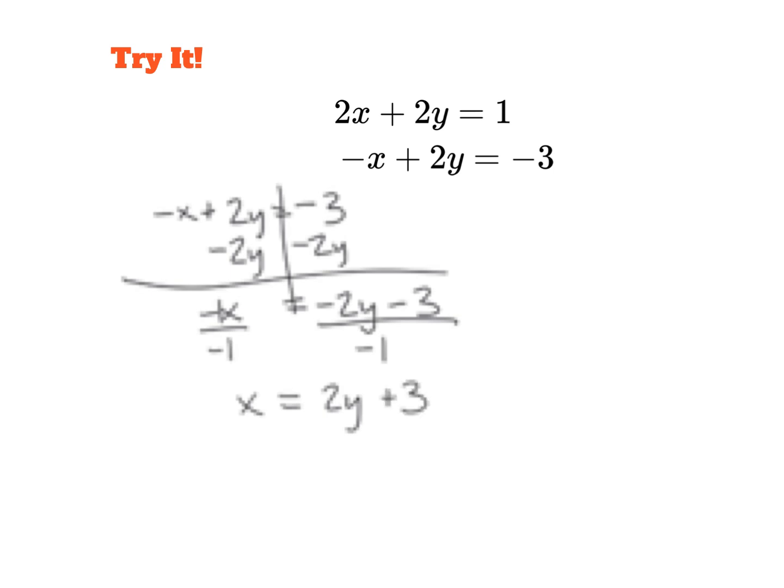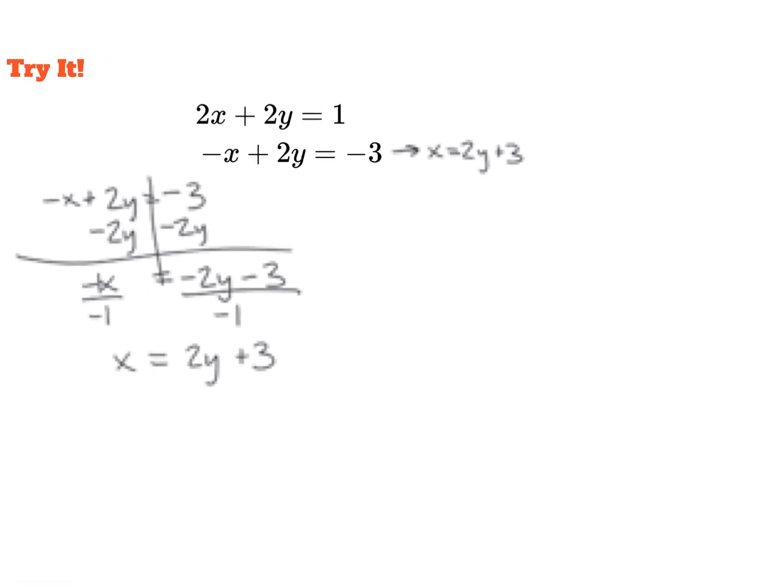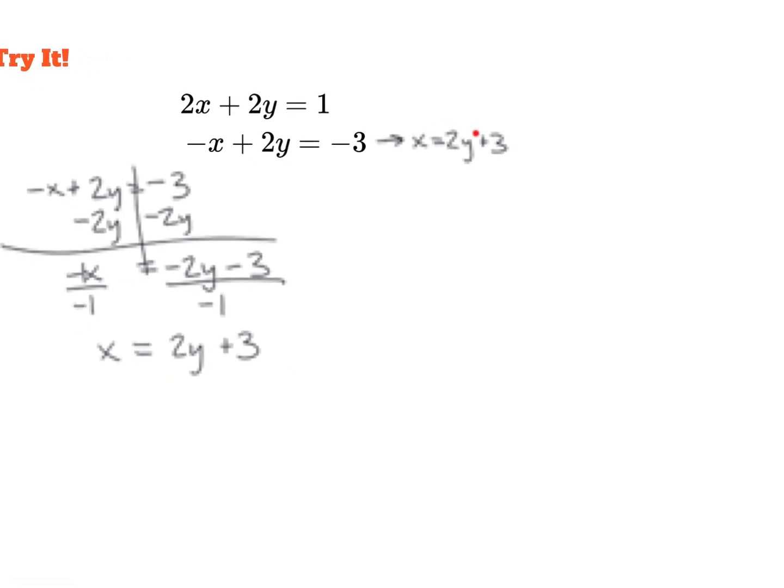Okay, so what I've done is I've just changed this into x is equal to 2y plus 3. And now from here, I'm going to go and use that as my substitution into this x right here. Okay, so I have 2y plus 3 plus 2y is equal to 1.